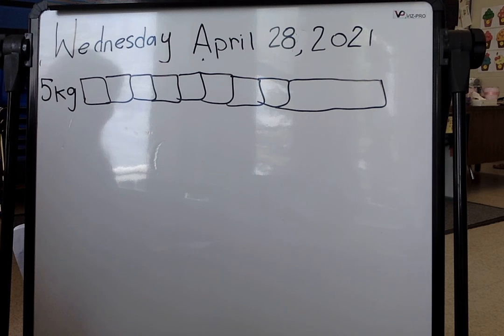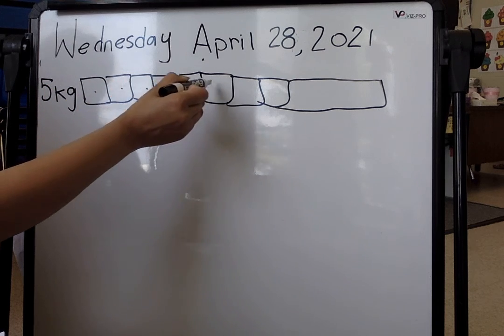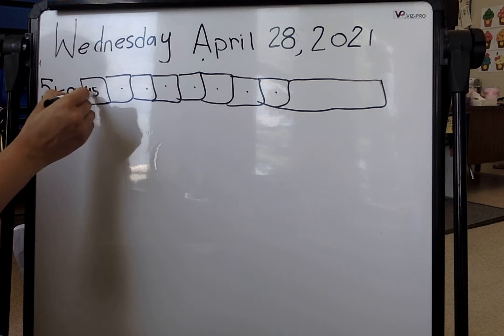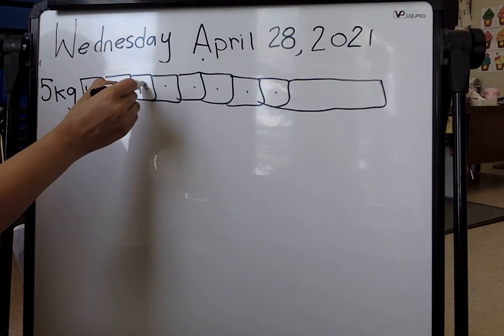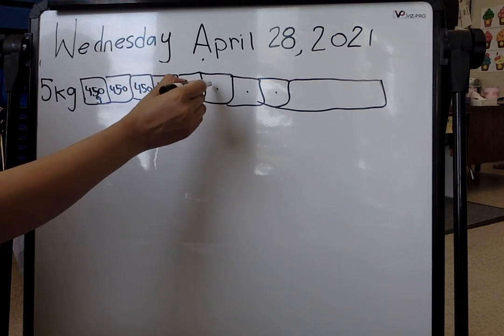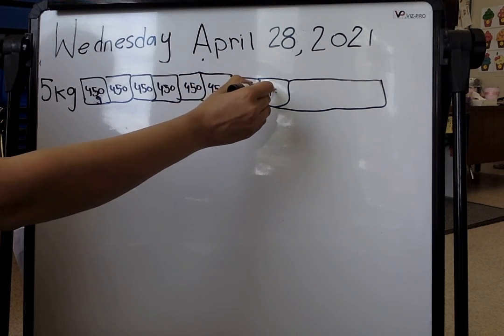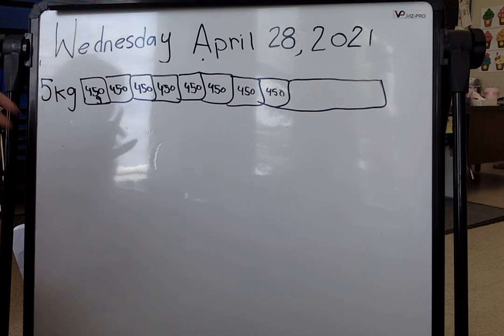Then they're saying each bag of onions weighs 450. So we know each of these onion bags is 450 grams, right? So 450 for each of the 8 bags. These are onions, and each bag weighs 450 grams.